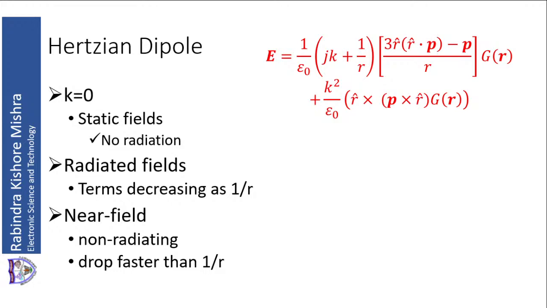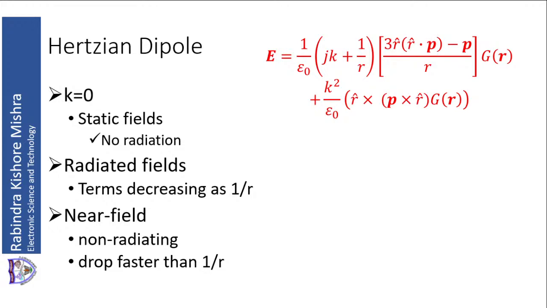The first term is 1 by epsilon 0, jk into a term which varies as 1 by R. Then the second term is 1 by epsilon 0, then 1 by R into 1 by R, which is a 1 by R square term. So the second term is dropping faster than 1 by R. It is dropping as 1 by R square. So the second term is a near field term.